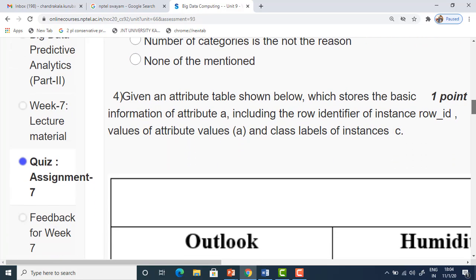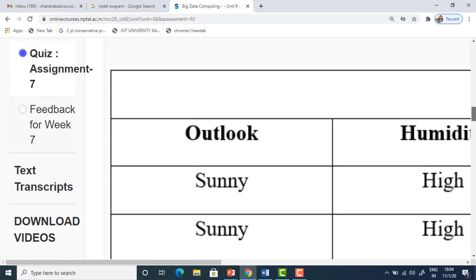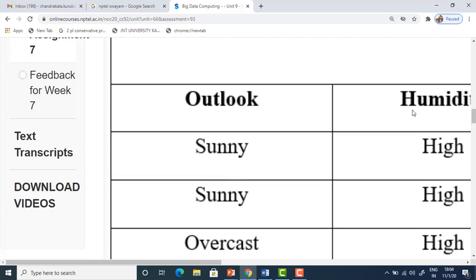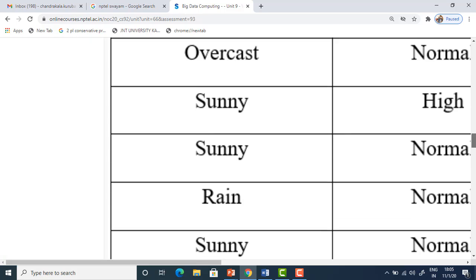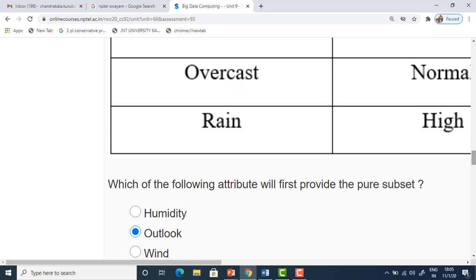Coming to the fourth one, this is a problem actually. They have given some data set, and in the data set we have 4 attributes. If you observe, we have outlook, humidity, wind, and the other one is play, the label. They are asking us to find out the root node. Which of the following attributes will first provide the pure subset?